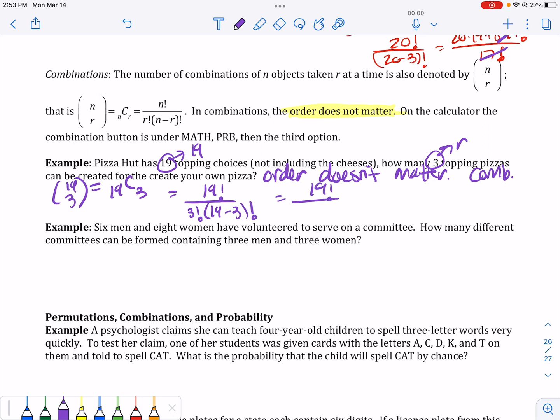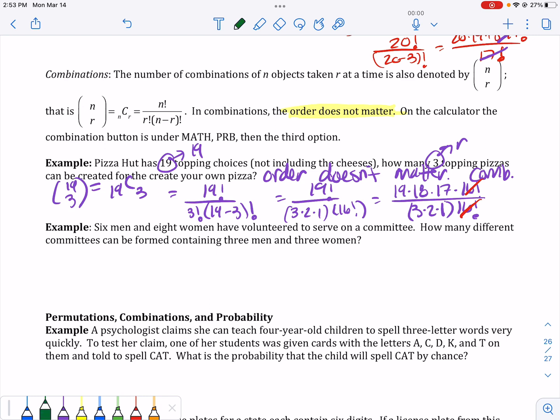So when we simplify this, our 3 factorial is really 3 times 2 times 1, and then 19 minus 3 gives us 16, so times 16 factorial. So if I were going to simplify that, I would have 19 times 18 times 17 times 16 factorial, and I'm stopping there because I know the 16 factorial on the bottom will cancel out. Okay? So then our 16 factorial cancels out.